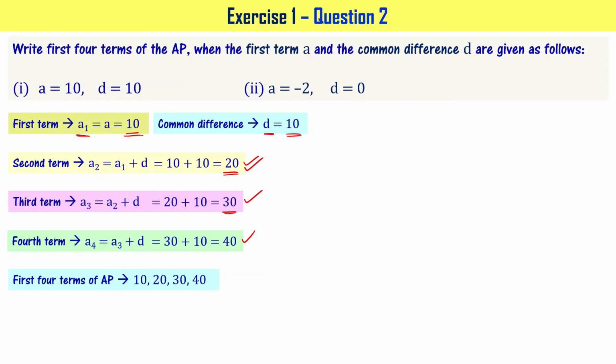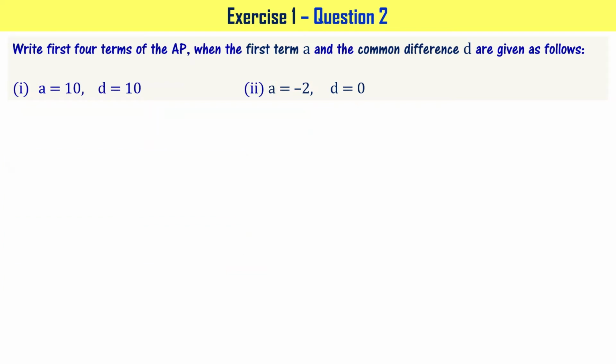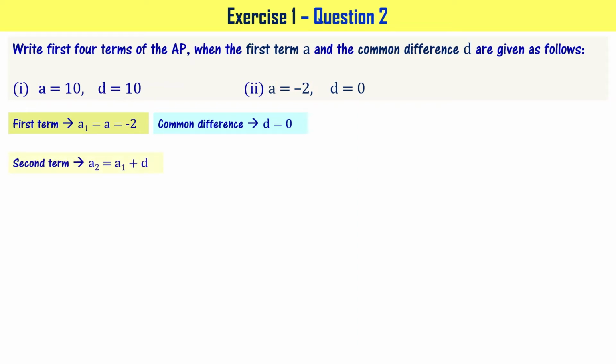Got it? Now let's see the second part of the problem. Here the first term is given as minus 2, that is A equal to minus 2, and the common difference D is 0, right? So what is the second term? The second term is A2 equal to A1 plus D, right? A1 is minus 2, D is 0. Let's add them.